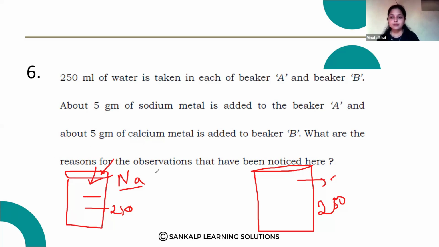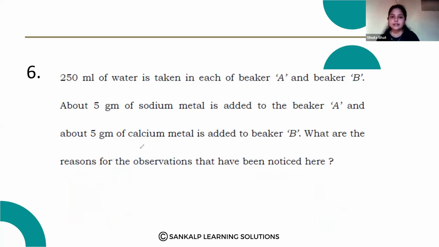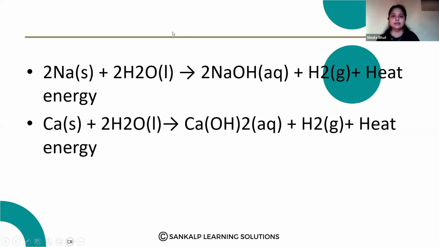In beaker B, when calcium metal is added, calcium hydroxide and hydrogen gas are formed, but the calcium floats on the water.